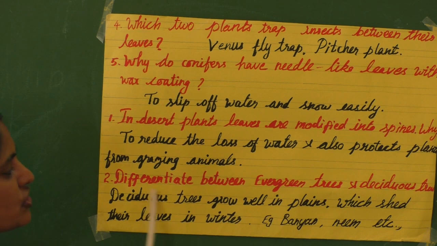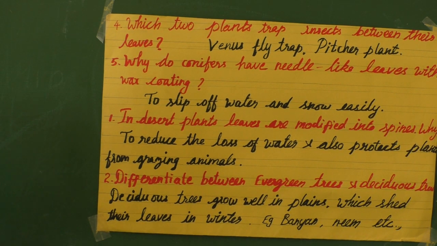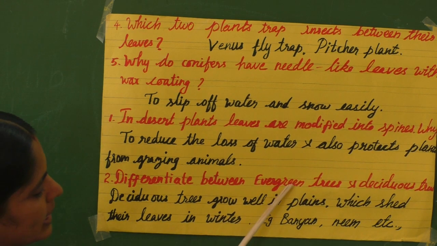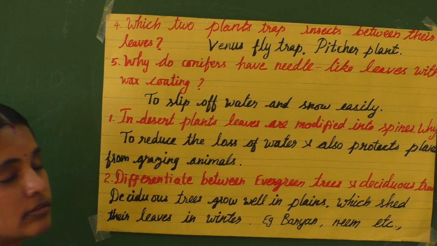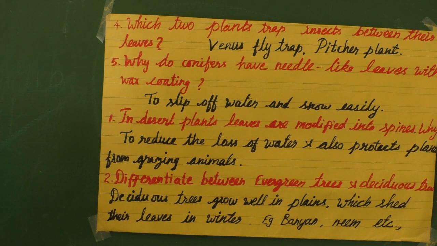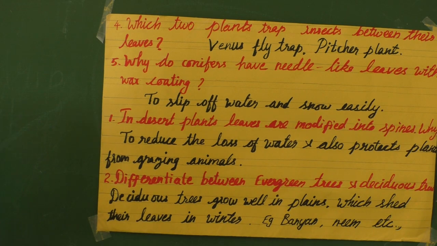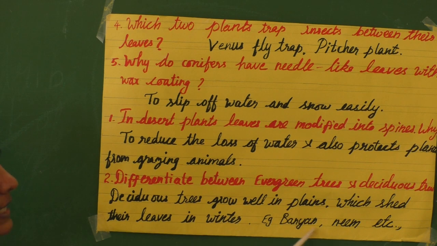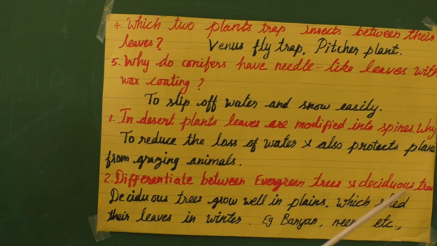செகண்ட் கொஷின், differentiate between evergreen trees and deciduous trees. எவர்கிரீன்னா எப்போவுமே க்ரீனாக இருக்கிற ட்ரீஸ். டெசிடியஸ்னா இலையுதிர் மரங்கள், இலையெல்லாம் உதிர்ந்துருக்கும். ஸோ யூ கேன் நோட்டீஸ் இன் வின்டர் சீசன் பேனியான் நீம்லலாம் இலையெல்லாம் உதிர்ந்துருக்கும், பார்த்துருப்பீங்க. ஸோ திஸ் பிலாங்ஸ் டு டெசிடியஸ் ட்ரீஸ்.